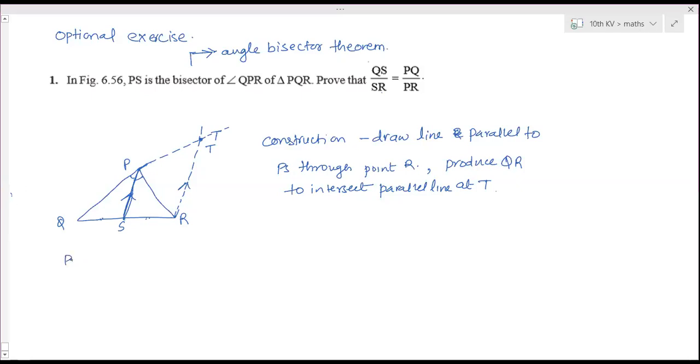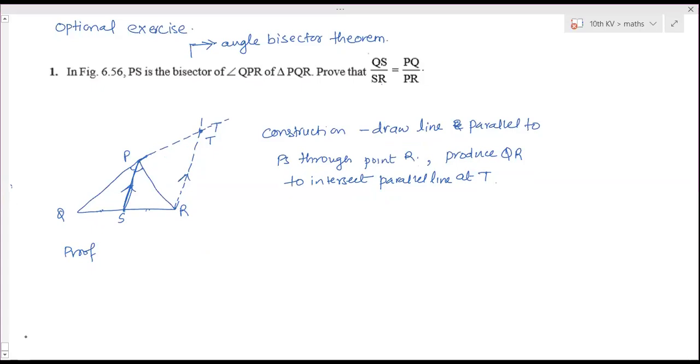Now proof. Any idea how to prove? Some part of this you already have proved, but in a different way, in the second and third exercise. So this is the angle bisector. This is angle 1 and this is angle 2. Is it clear? 1 and 2 are equal because PS is a bisector.